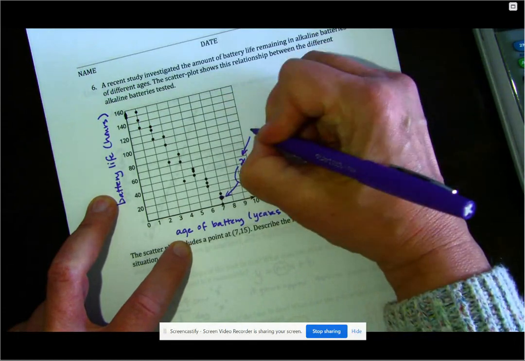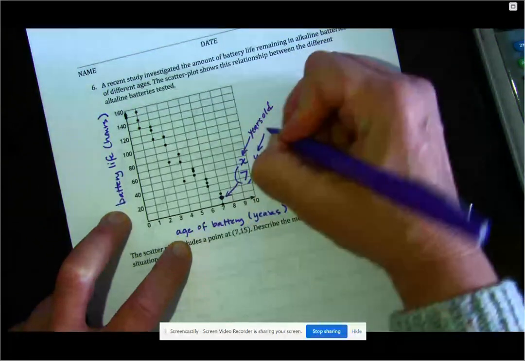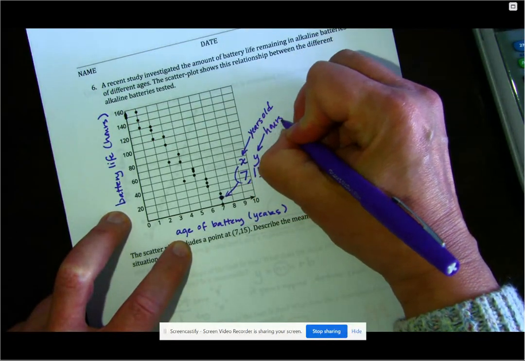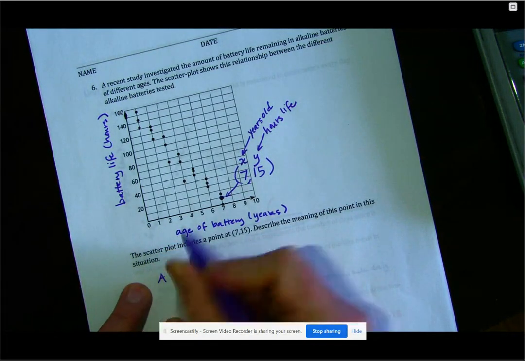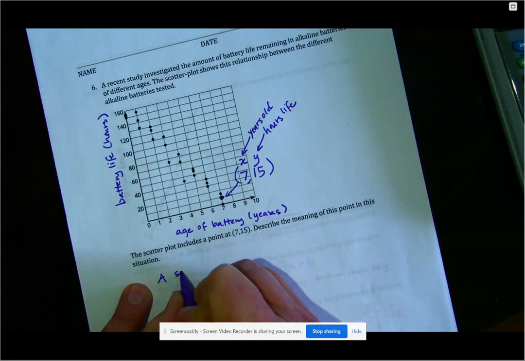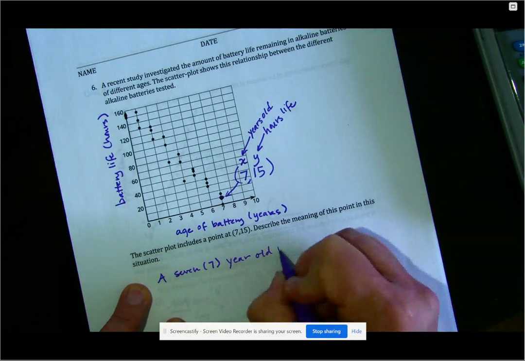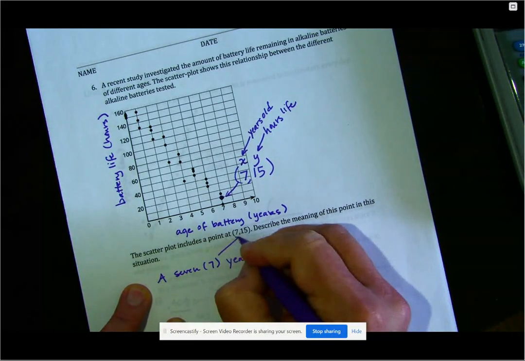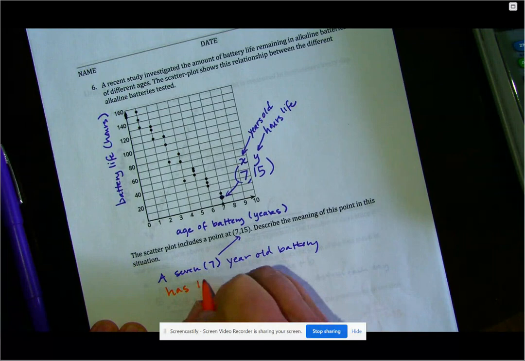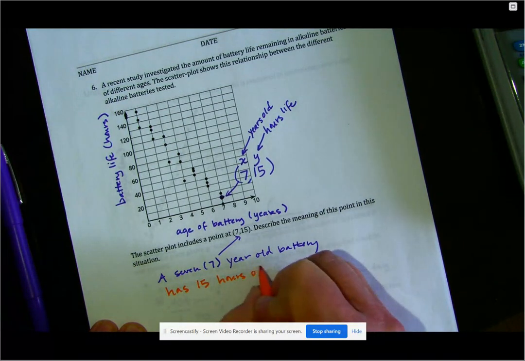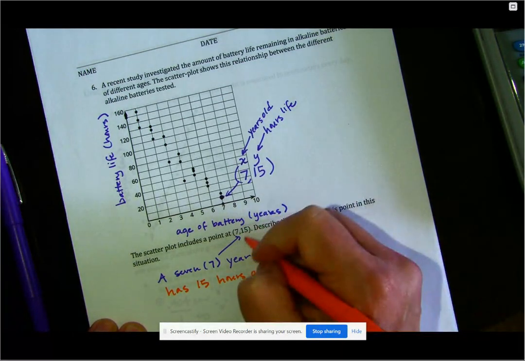A 7-year-old battery has about 15 hours of life left. There we go.